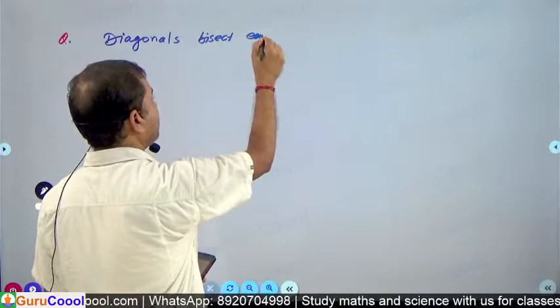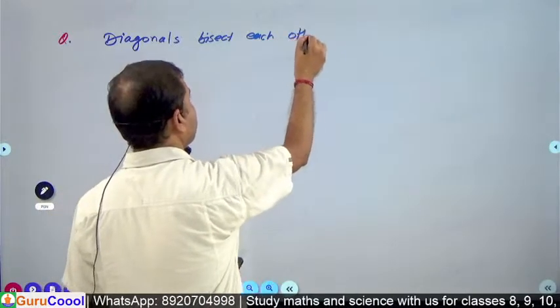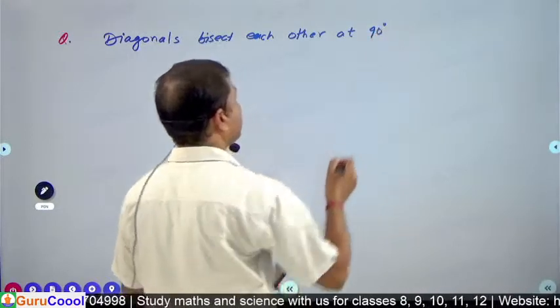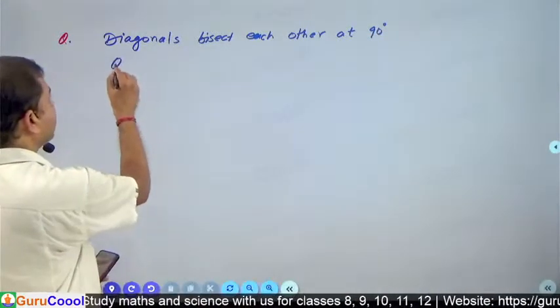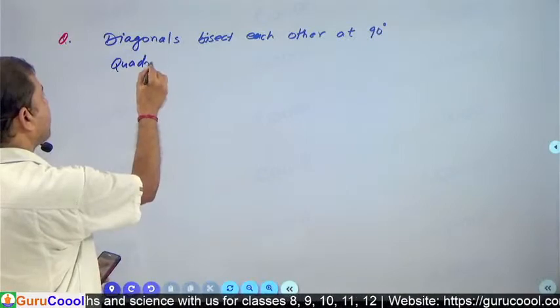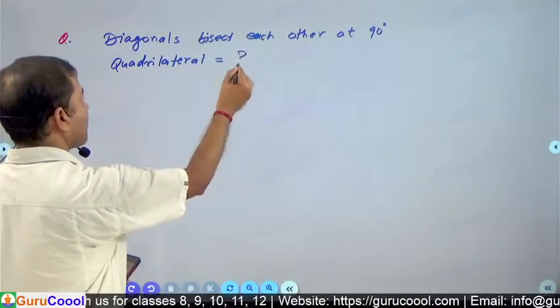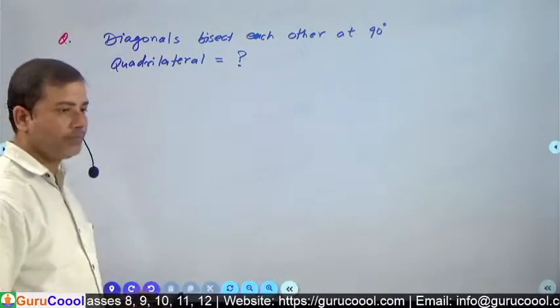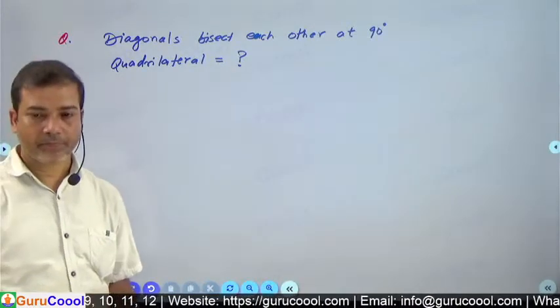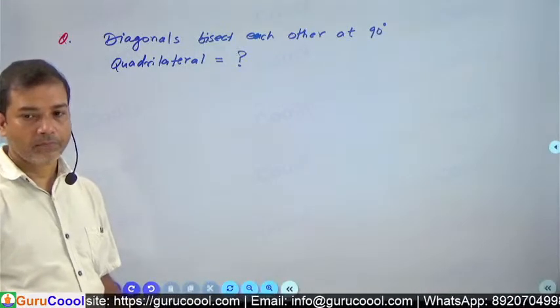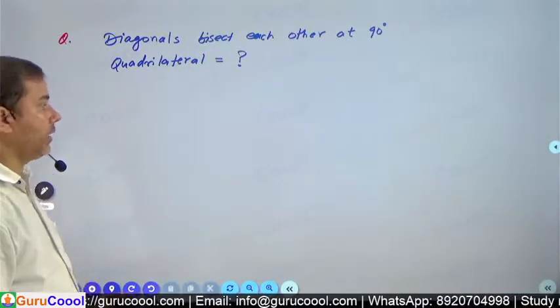Sir, it is a kite. Are you sure? Yes, sir. It's correct, I think. No, that's not correct.